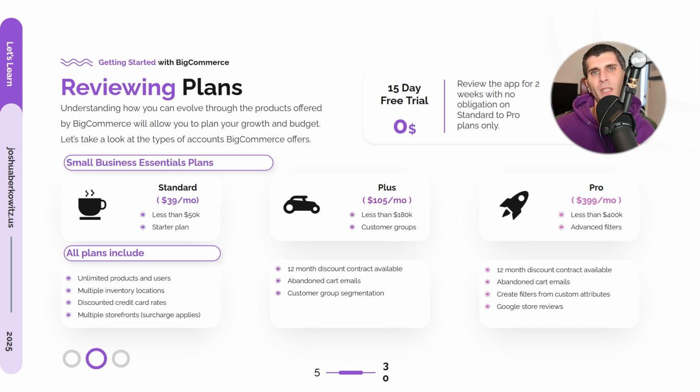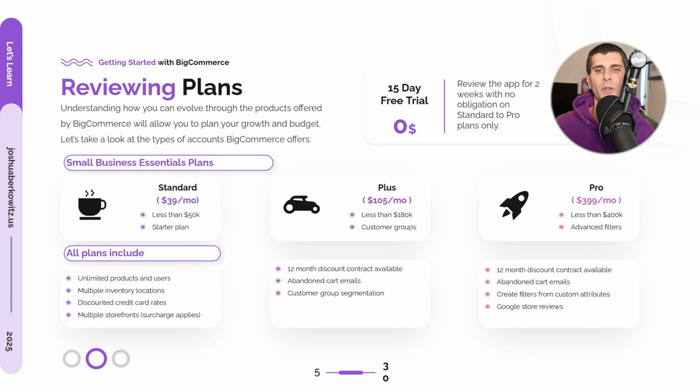If you upgrade to the Plus plan, you'll get abandoned cart emails to help recover customers who didn't check out, and you'll get customer group segmentation, which helps you with marketing activities per type of customer that you assign to them. So you can think of, you might have architects and designers, you might have wholesale and retail, you might have customers and just different marketing campaigns that you wish to segment.